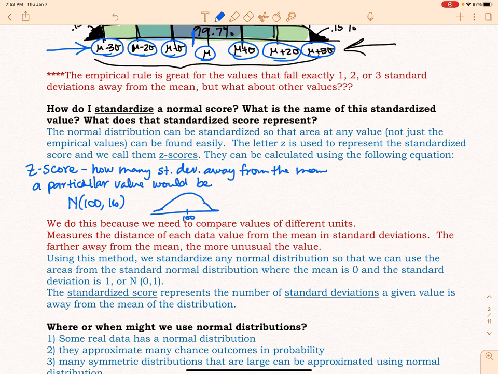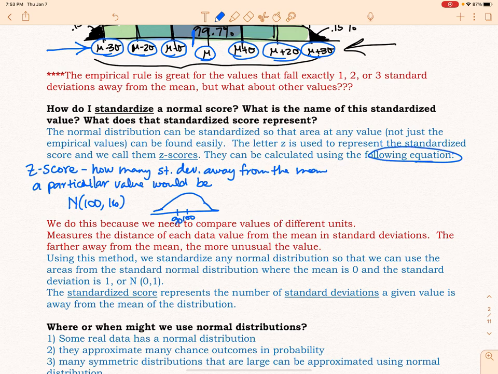All right, so let's say I want to know something about an IQ of 90. Well, the IQ of 90 does not fall at 1 standard deviation below the mean. It's 10 points below the mean, and 16 points is a whole standard deviation. So if I want to know how many standard deviations from the mean that would be, obviously it's going to be less than 1, because 1 would be at 84.